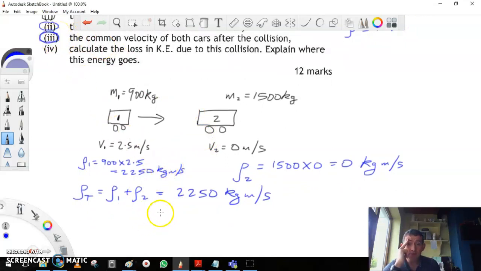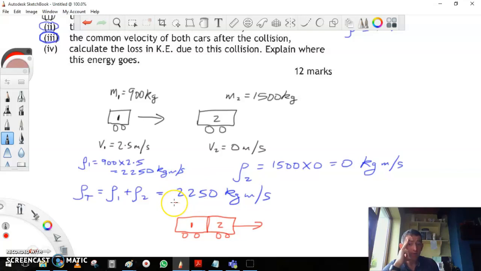So after the collision, what's going to happen? Well, this car and this car are going to be welded together, and they're going to be heading this way. So that's car 1, that's car 2. One of the laws is that the momentum before and the momentum after have to be equal.